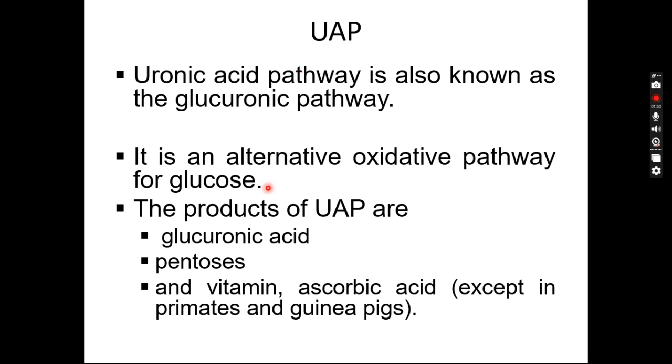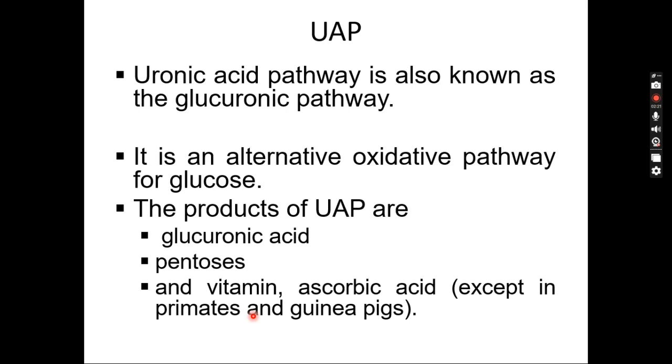This pathway produces uronic acid, and it also produces pentoses, and it also produces vitamins, in most cases vitamin C, which is ascorbic acid, except in primates and also in guinea pigs.